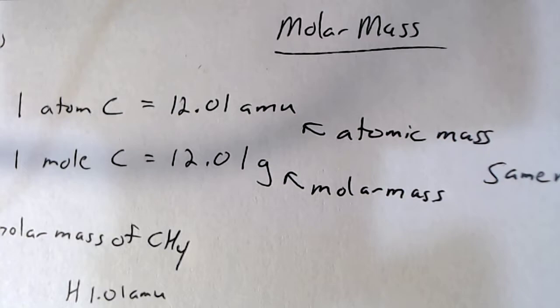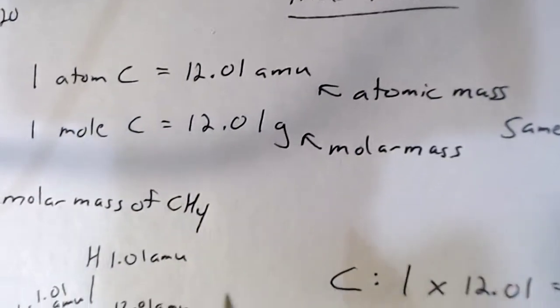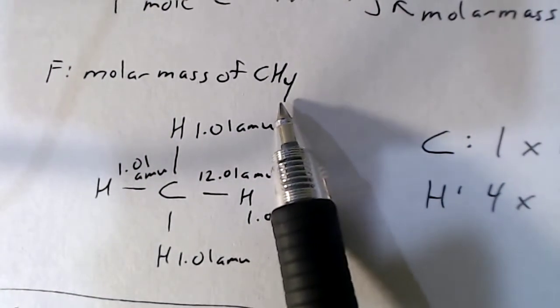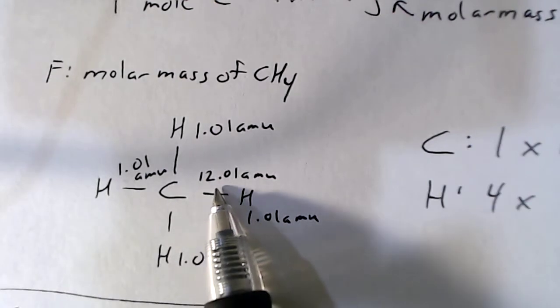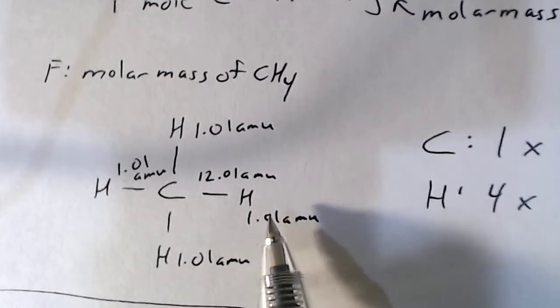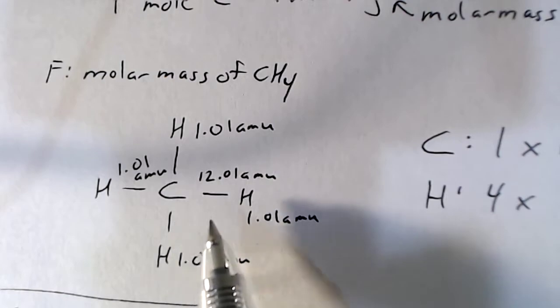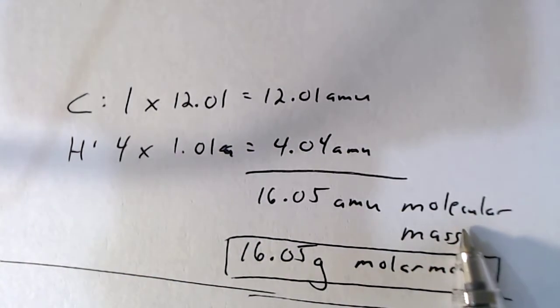But this is the molar mass of just carbon. What if you have something larger like a molecule of methane? So carbon might have an atomic mass of 12.01 AMUs, and each hydrogen might have a mass of 1.01 AMUs. So you can add all those values up to get the molecular mass.